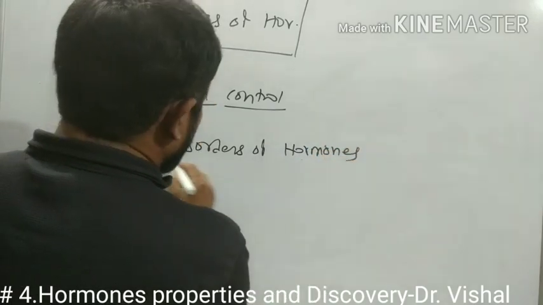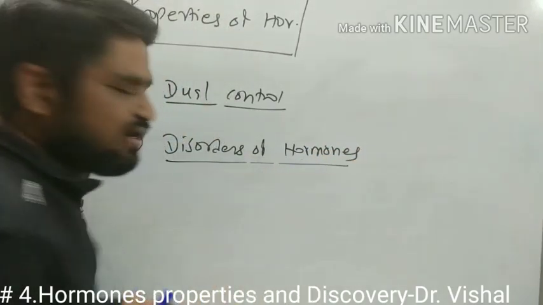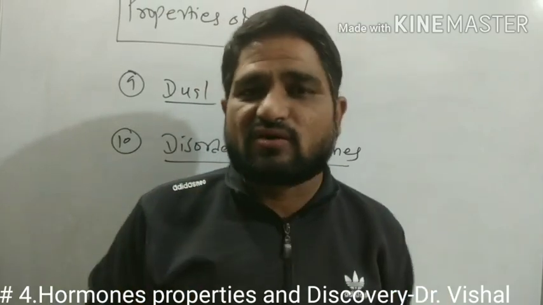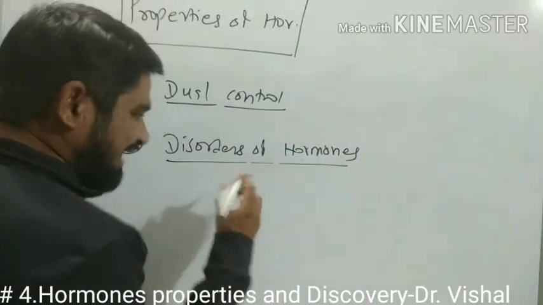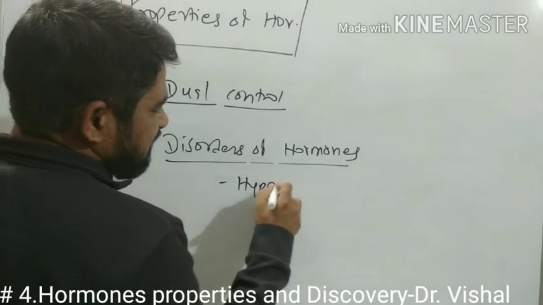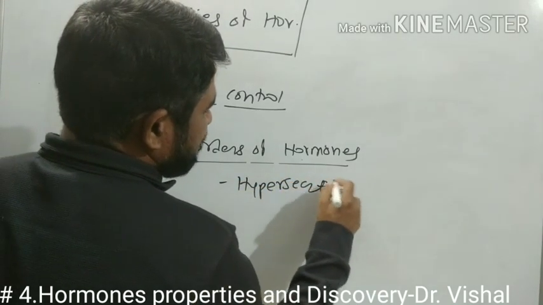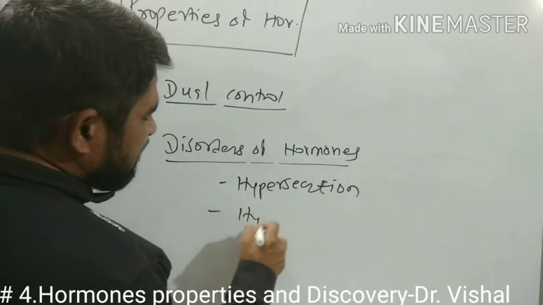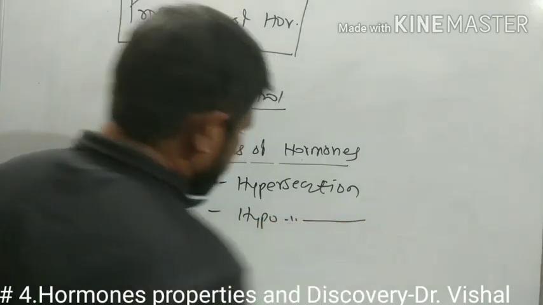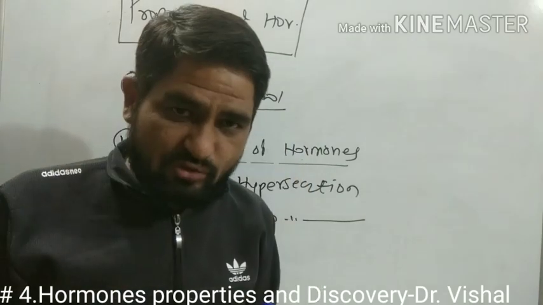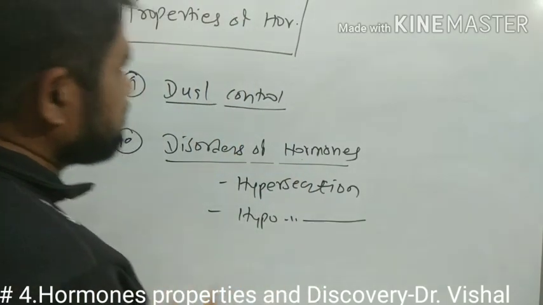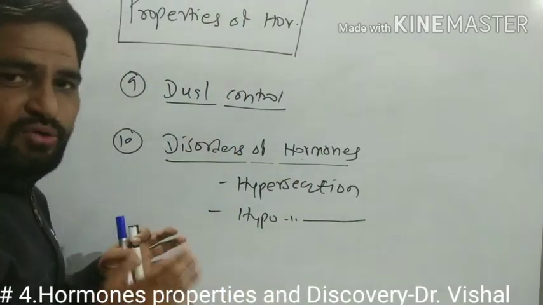Remember one thing, whenever you talk about disorders of the hormones, what does it mean? Hormones cause disorders, yes, but both hypersecretion as well as hyposecretion can cause disorders of the hormones. So these are the different properties of the hormones, right?